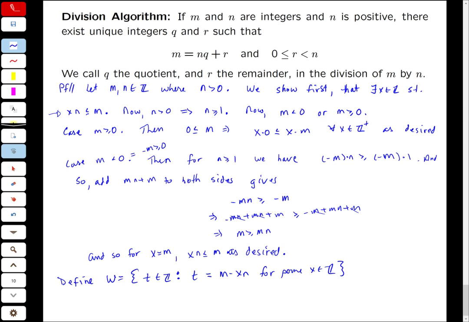Okay, it's going to be in this form. I have one more part to show after this, so we'll start here next time. They leave out one very important part, showing uniqueness of it, so we'll start here next time for deriving our division algorithm.